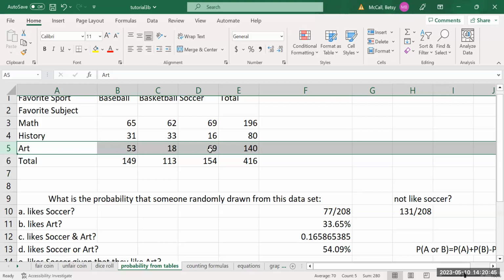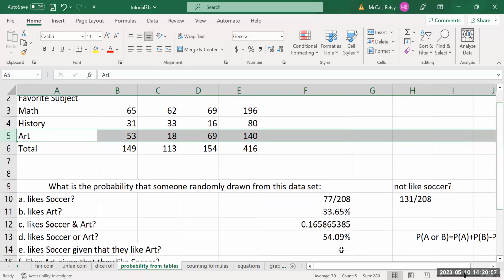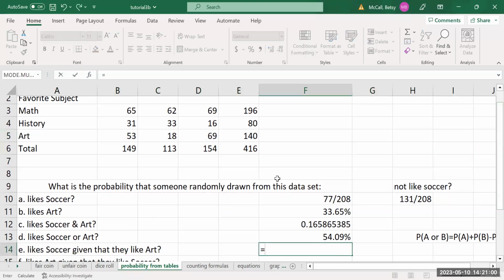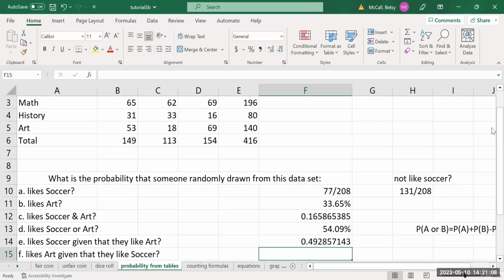But what goes in the denominator is not the grand total, because we're only talking about people that like art. So what's going to go in the denominator is the total number of people that like art. So this is going to be 69 divided by the total for the given category, which is 140.